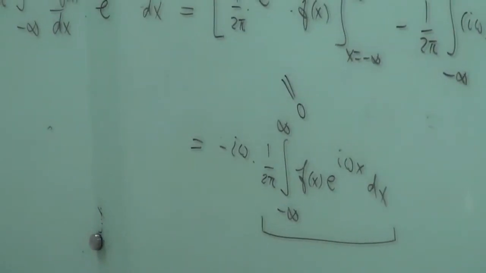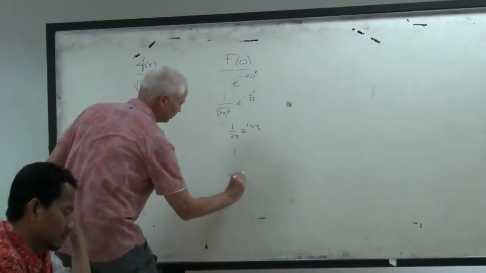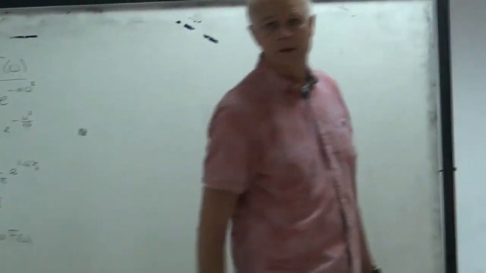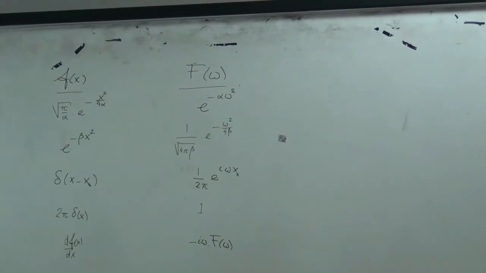So if I take the derivative, then I will find over here minus i omega times f omega. So the derivative will always give me the factor minus i omega. You agree?